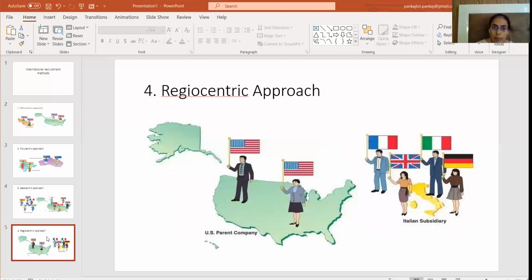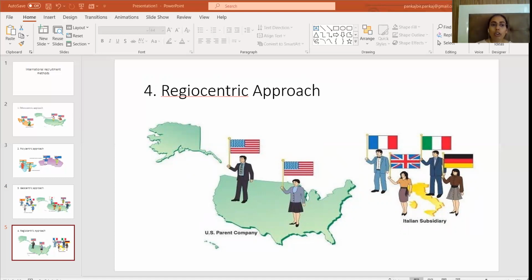The last kind of approach is called the regiocentric approach. It is an approach adaptable to many companies and product strategies. The regiocentric approach uses managers from various countries within the geographical region of the business.